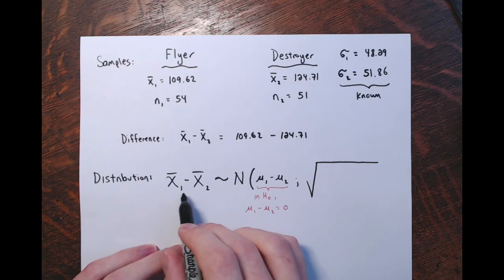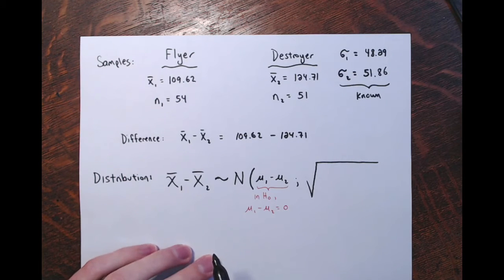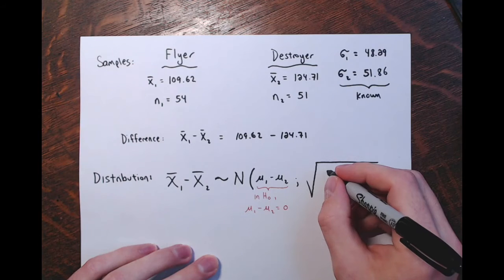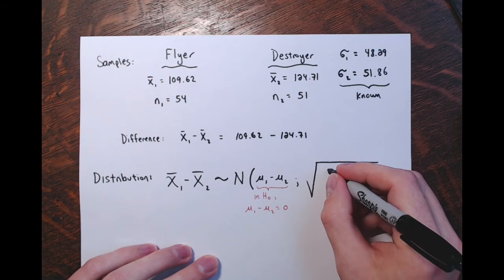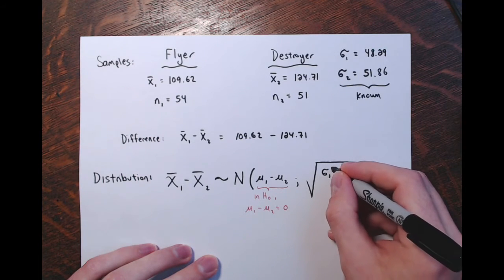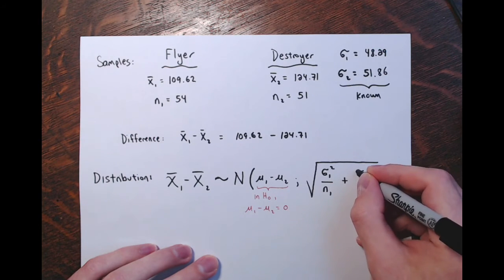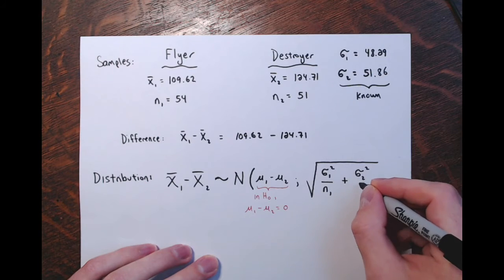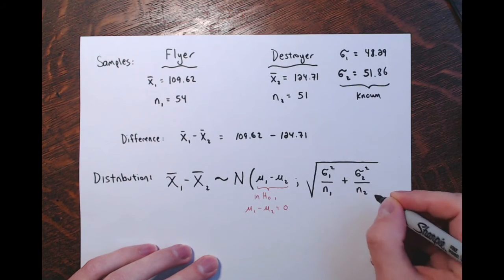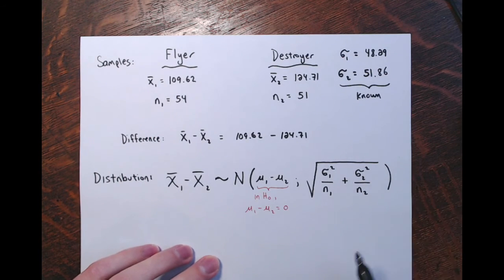of this distribution of the difference in sample means, which I put up in a previous video, is the square root of sigma 1 squared divided by n1 plus sigma 2 squared divided by n2. We have all this information.